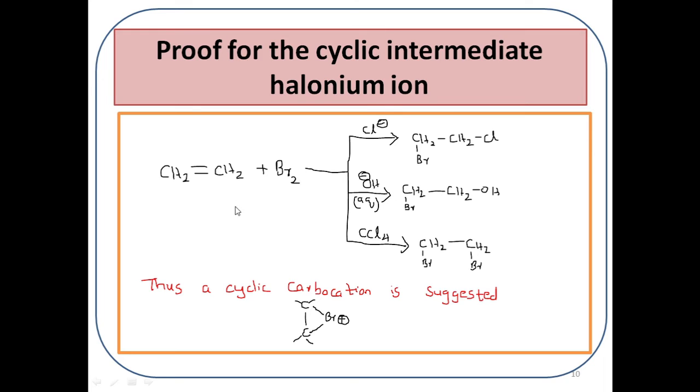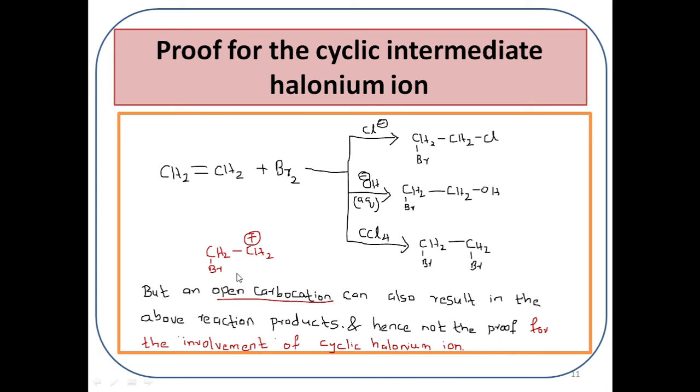And it is suggested that this reaction is given by a cyclic carbocation. However, it should be noted that even an open carbocation can also result in the above reaction products. Therefore, this reaction cannot be considered as proof for the involvement of the cyclic halonium ion in the addition reaction of halogens to alkenes.